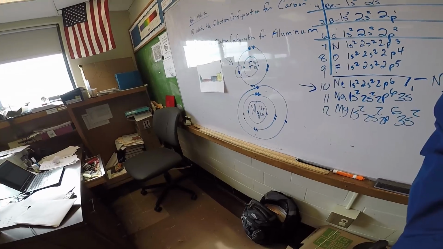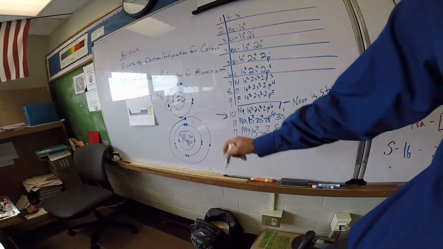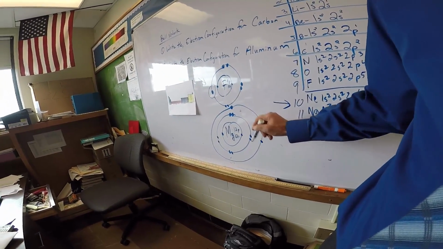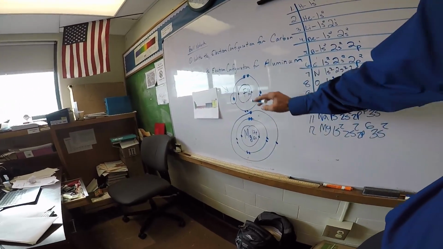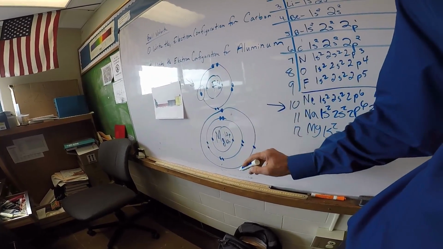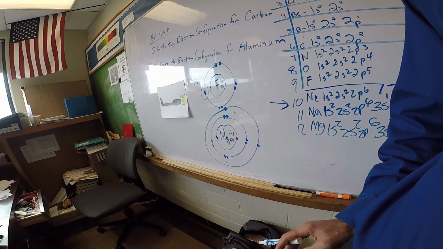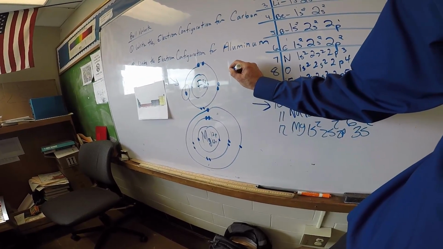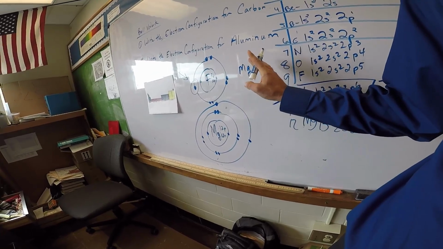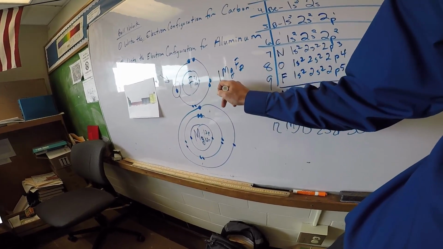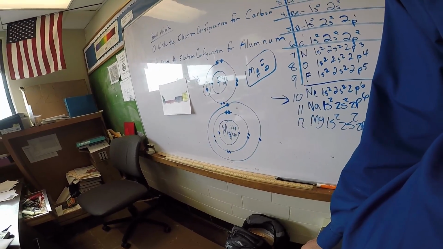So magnesium, if you look up here, has 2 radicals. It has 2 electrons that it wants to lose. So how many fluorines would it take to get those 2 electrons? So you would end up getting something like MgF2. That's a little bit down the road for us, but that's how formulas are formed.